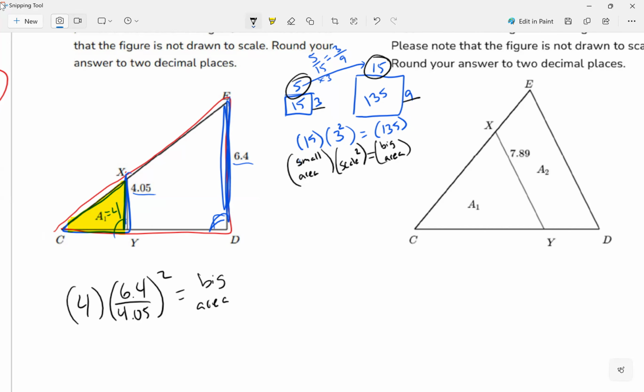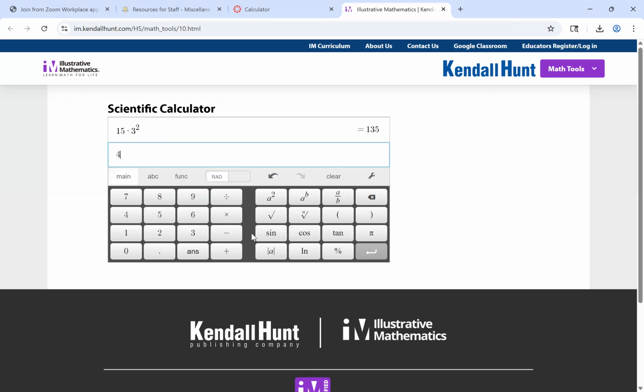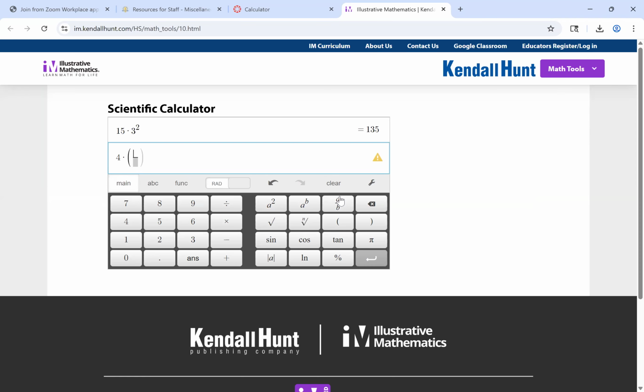So that's really what I'm going to type. I'm going to grab my calculator. I'm going to go 4 times 6.4 divided by 4.05 all squared. So let's go back to the calculator that I have. So let me go 4 times. Okay, so here, let me open up parentheses. And inside, I'm going to type the fraction, 6.4.